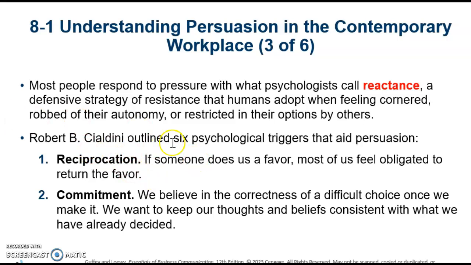So Robert Cialdini outlines 6 psychological triggers that help with persuasion. And the first one is reciprocation. If someone does us a favor, most of us feel obligated to return the favor. So this will aid in persuasion. Commitment. Once we make a choice, we stay consistent with that decision.